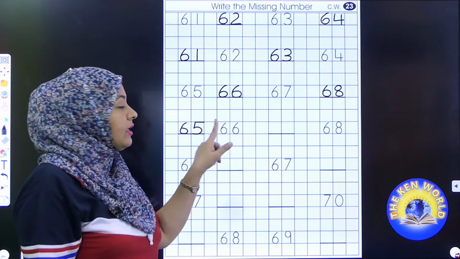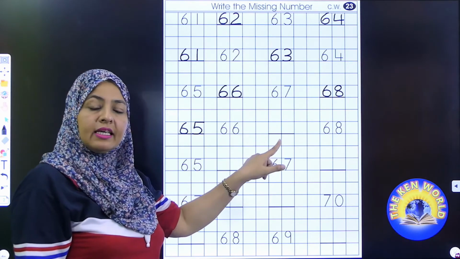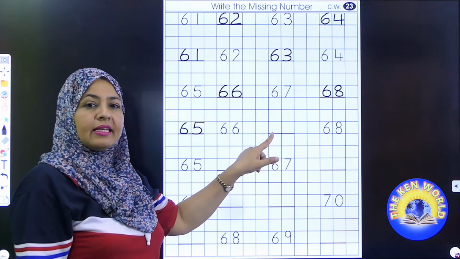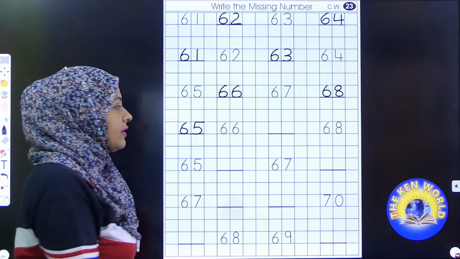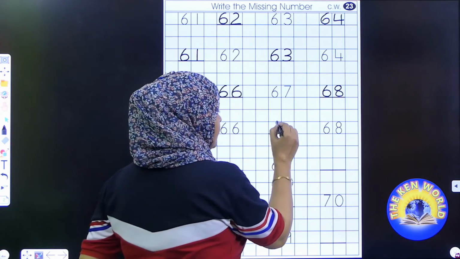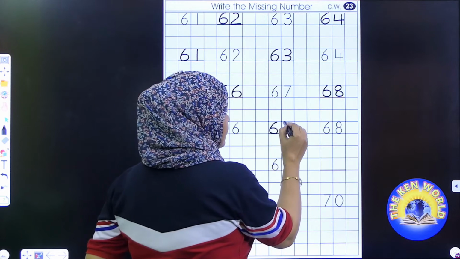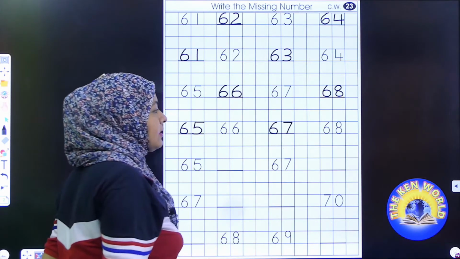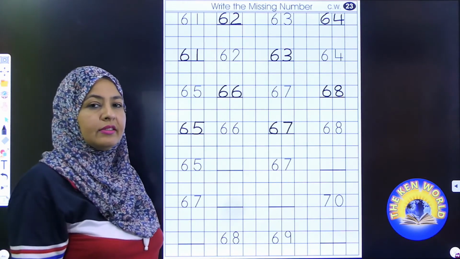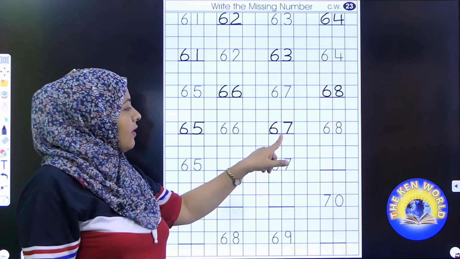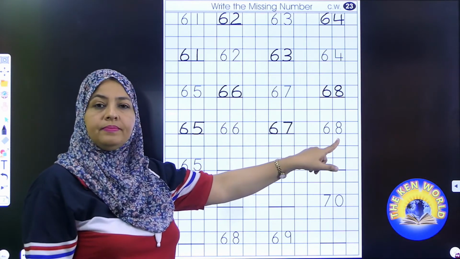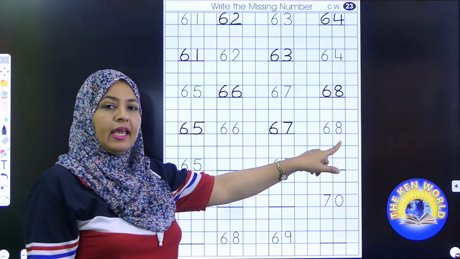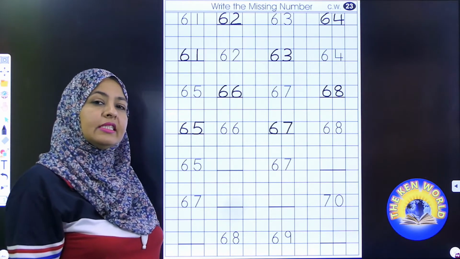Now tell me what comes after 66? Exactly 67. So write here 67. After 67, it's 68 which is written here.